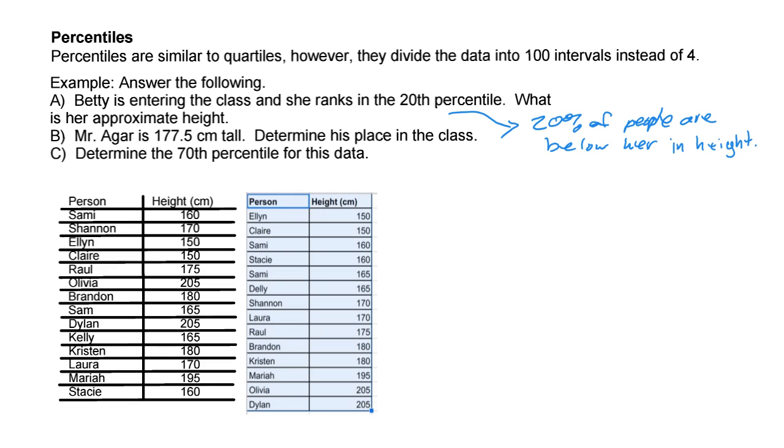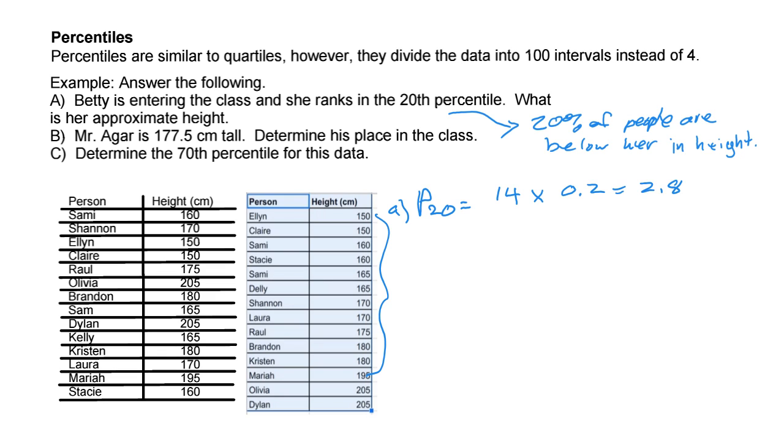If I want the 20th percentile, what I'll write is P of 20 is equal to, well, if you look at this set, there are 14 different possibilities. So in order to figure out where we need to go, we write 14 and multiply it by 0.2, which means it's position 2.8.